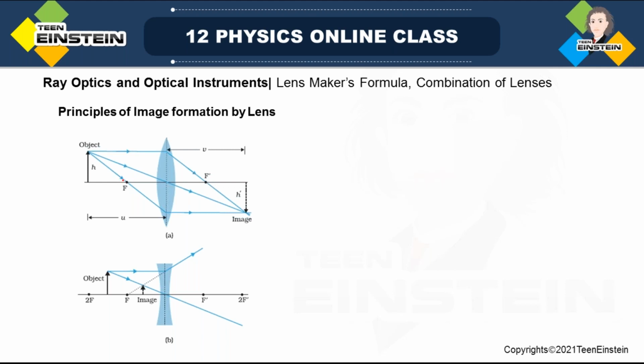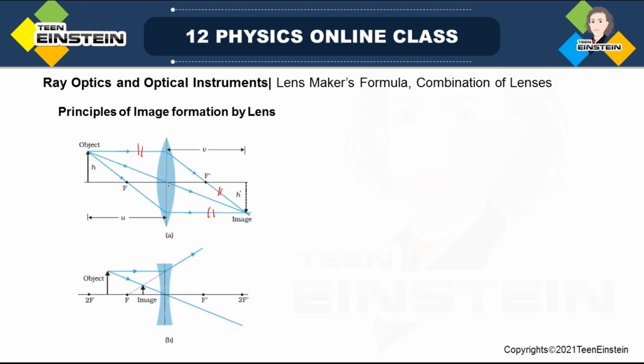If any ray is passing through or coming from the focus and getting refracted, after refraction the ray will be parallel to the principal axis. So this is the parallel incident ray getting refracted and meeting the principal axis at focus.